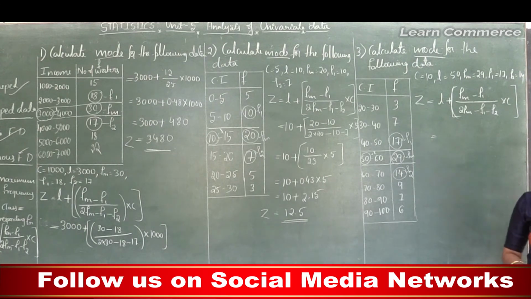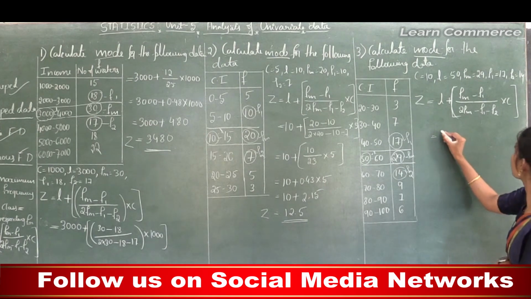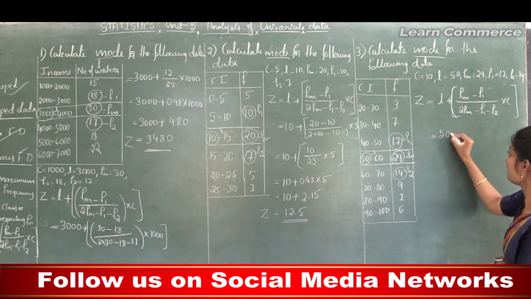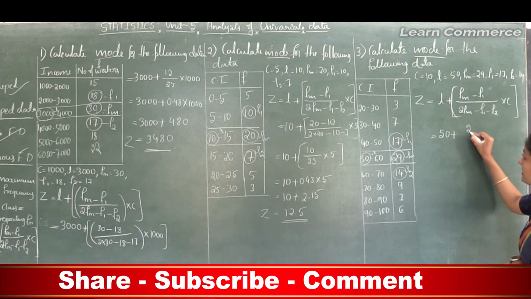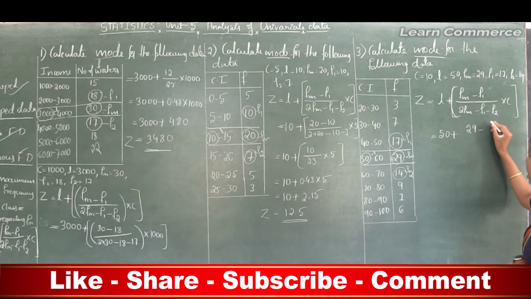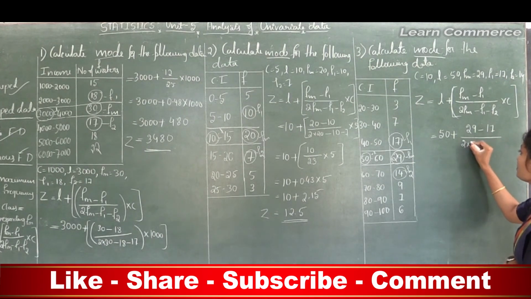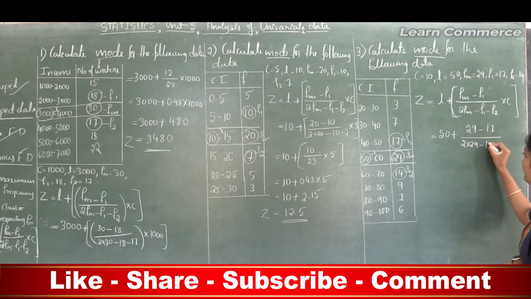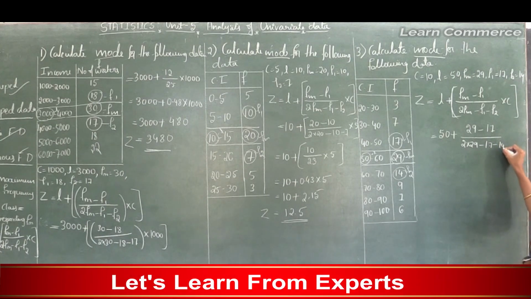So here Z is equal to L, that is 50. So 50 plus Fm, that is 29 minus 17, divided by 2 into 29 minus 17 minus 14, into C which is 10.